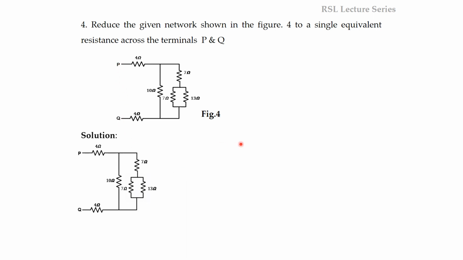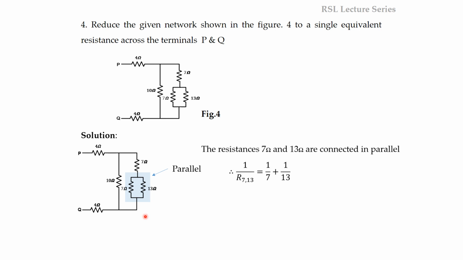So now let us consider the same circuit. So here 7 ohms and 13 ohms are connected in parallel. Both the upper end as well as the lower ends are connected. So now this can be simplified into a single equivalent resistance. 1 by total resistance is equal to 1 by 7 plus 1 by 13. So once you simplify this term, we have to take the reciprocal, so that we will get the total resistance value.